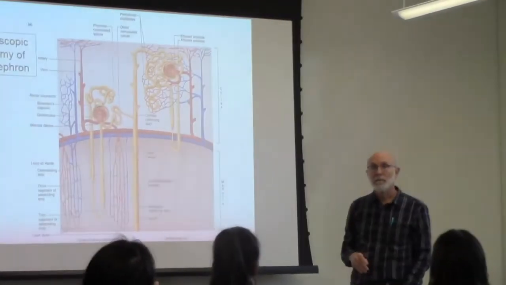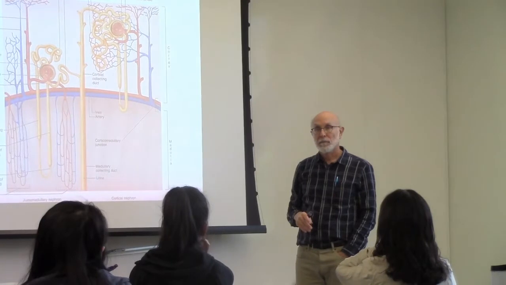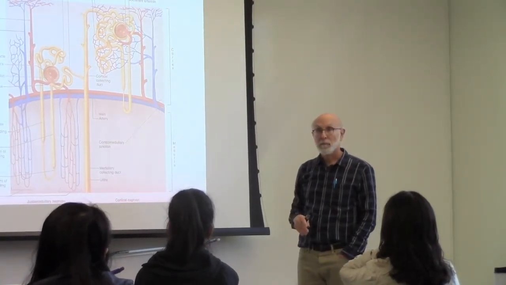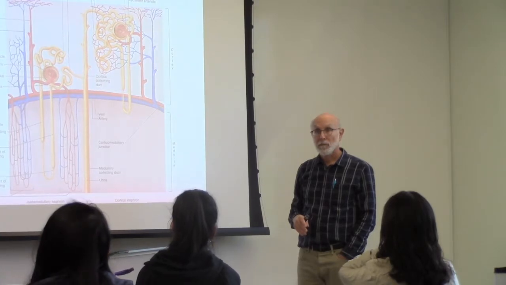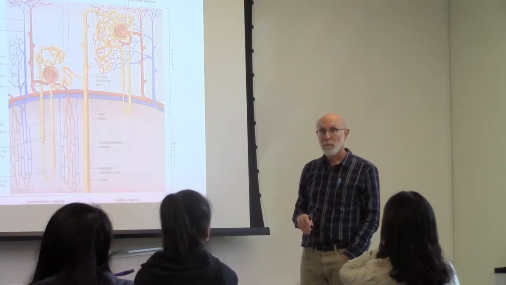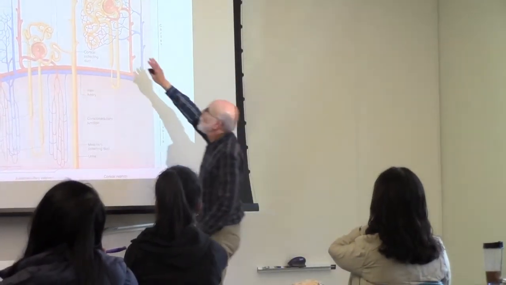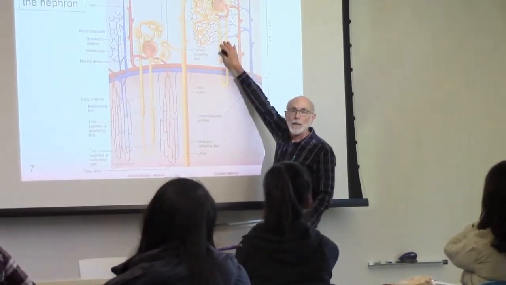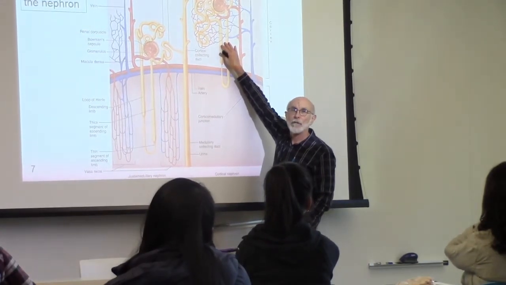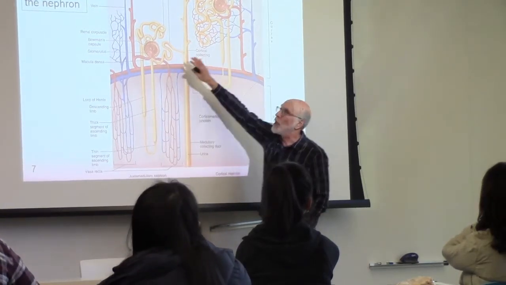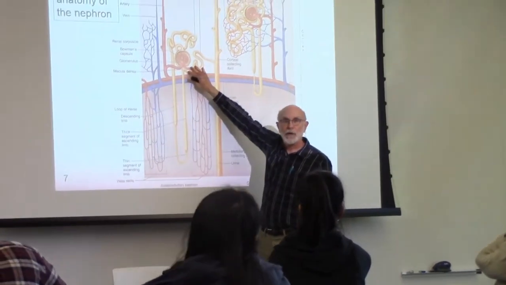Can you say the cortical nephron's major role is recovery of the salt, glucose, and the juxtamedullary nephron's major role is recovery of water? That's not exactly right. The cortical nephron is important for the recovery of salt, water, glucose. The juxtamedullary nephron is also important.